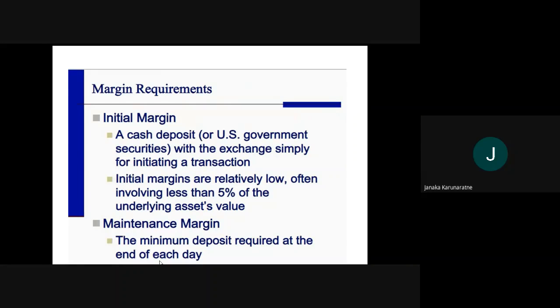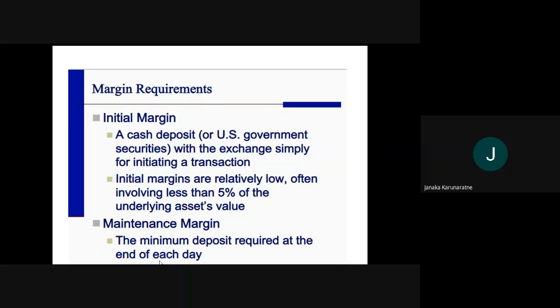Margin requirement. I mentioned earlier that in a futures market you always need an account. If you want to trade futures contracts, whether for hedging, speculating or any other purpose, you have to have an initial margin account and deposit a certain amount as the initial margin.